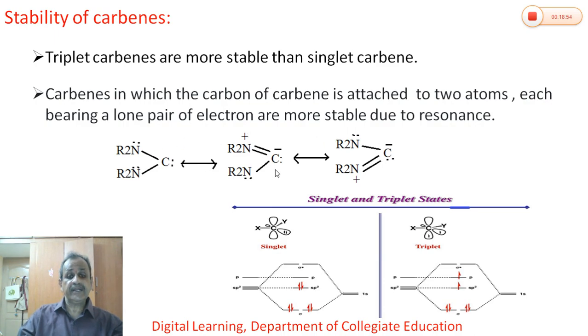Here we can write different resonance structures for this type of carbene intermediate. So whenever we have such lone pairs of electrons, resonance is possible, which increases the stability.